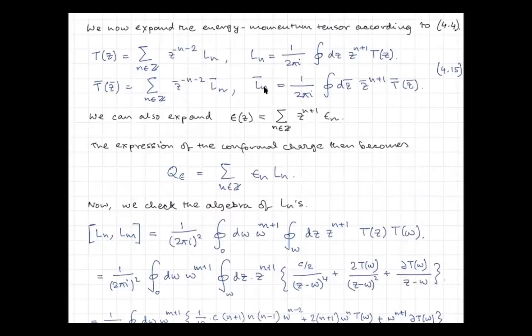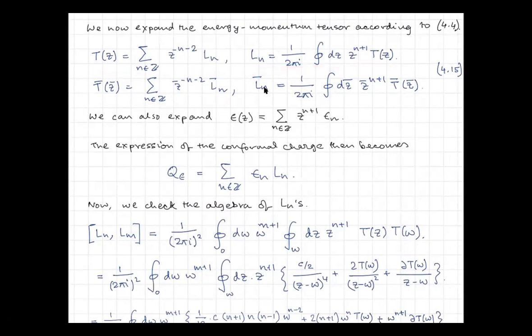We expanded T(z) and T bar(z bar) in Laurent modes again, and we tried to calculate what the commutators between these L_n are. So you see, this is very similar to what we did earlier.